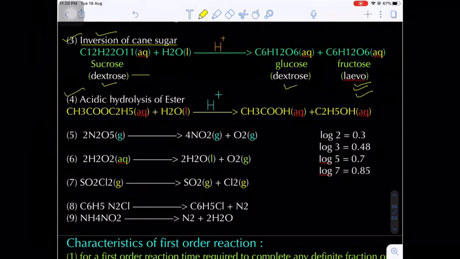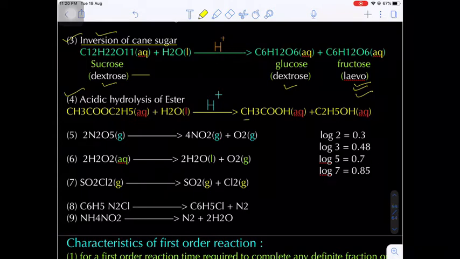Next, example number 4: acidic hydrolysis of ester. Ester hydrolyzes in acidic medium to give carboxylic acid and alcohol. It is an example of first order kinetics. Some other examples are nitrogen pentoxide decomposing to give nitrogen dioxide and oxygen, hydrogen peroxide decomposing to give H2O and O2, and sulfuryl chloride SO2Cl2 decomposition.